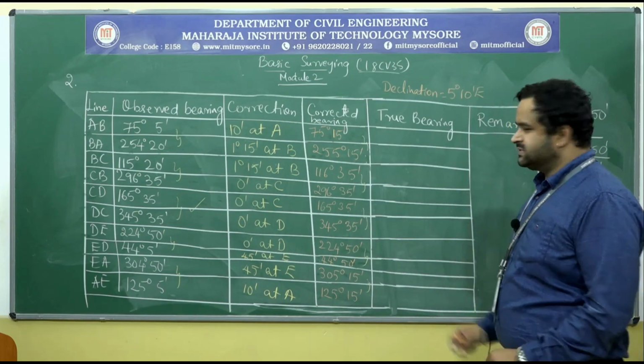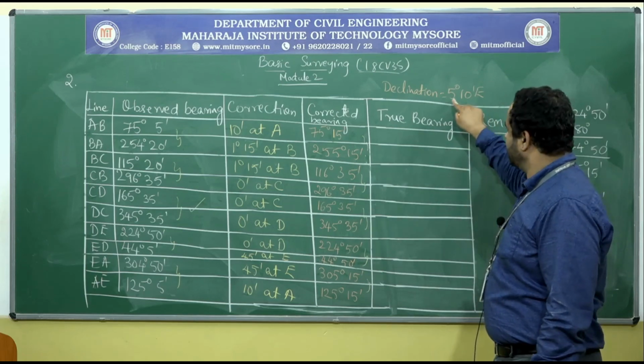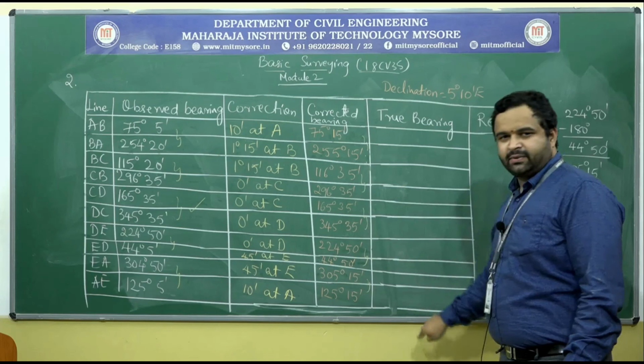Now, he has also specified there is a declination of 5 degrees 10 minutes east, meaning you have to add this to all the corrected bearings.